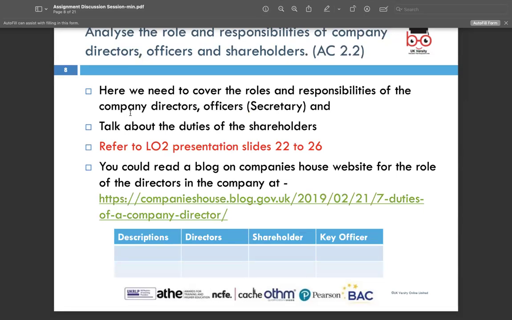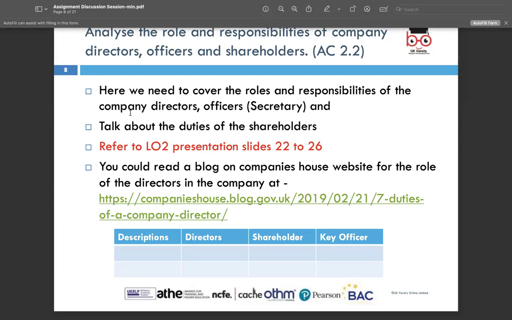Then next, analyze the role and responsibilities of company directors, officers, and shareholders. As you know, company directors act in the best interest of the company, avoiding conflicts of interest, and exercising independent judgment.